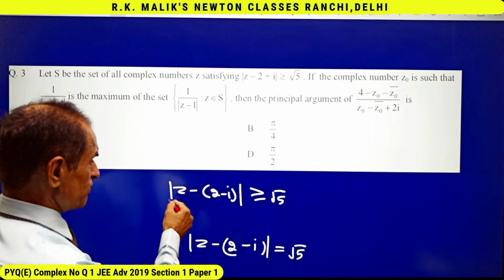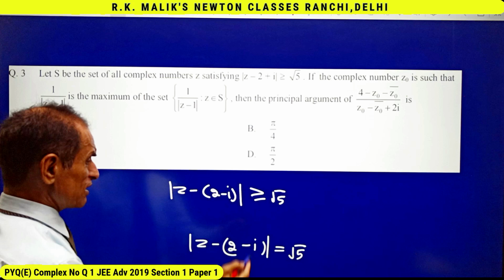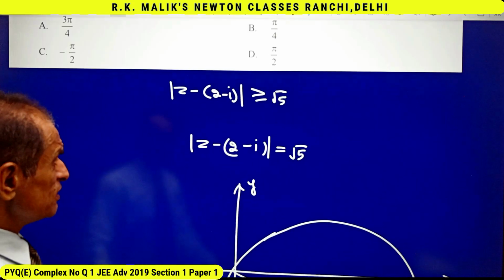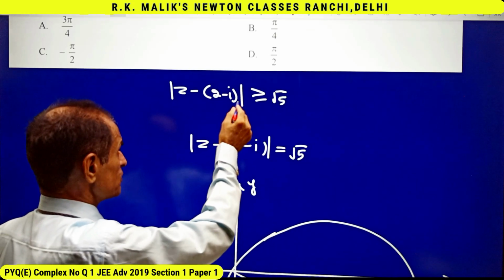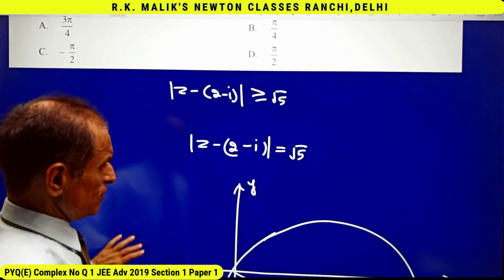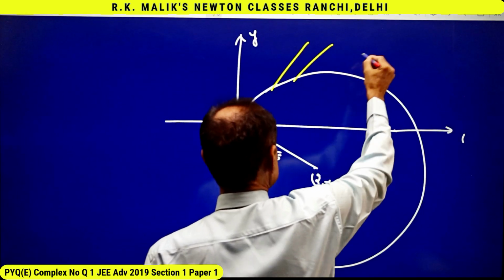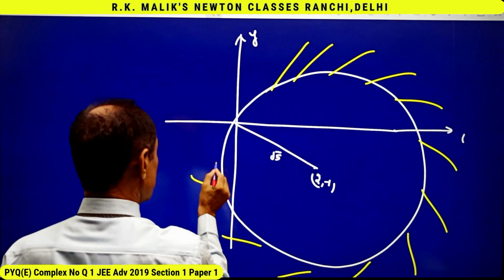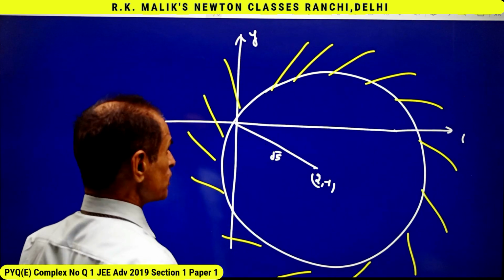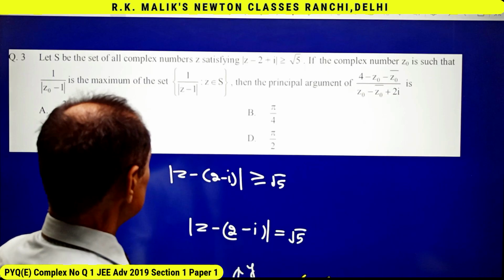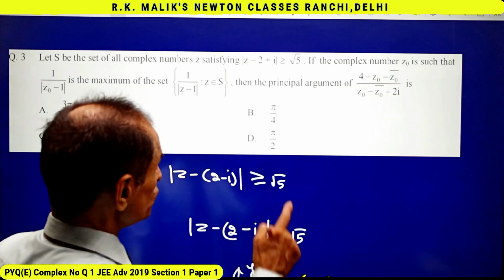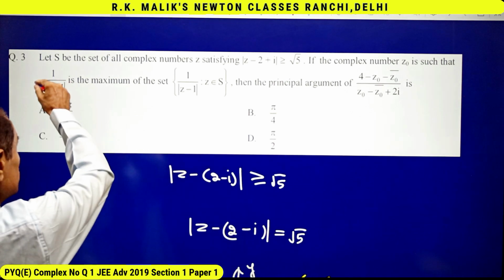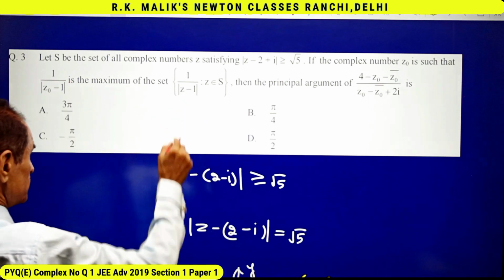But actually it is given that mod Z minus this thing is greater than equal to root 5. Hence I can say all those complex numbers which satisfy this inequation will lie outside the boundary of this circle. And then he says Z0 is a complex number for which this is maximum of the set this.